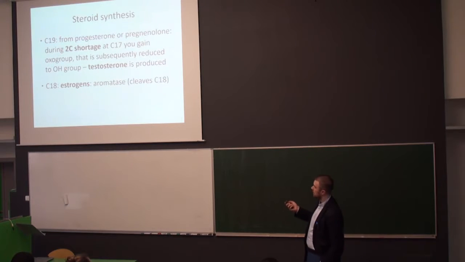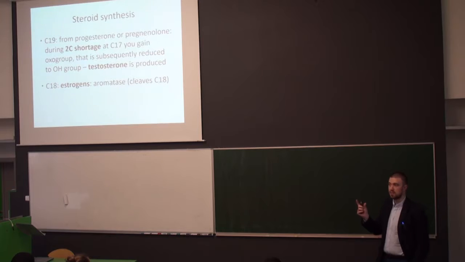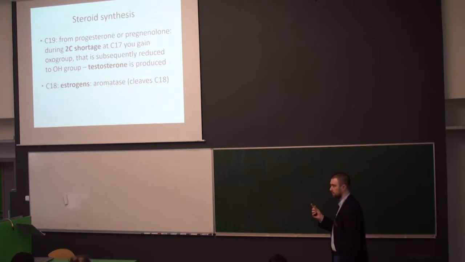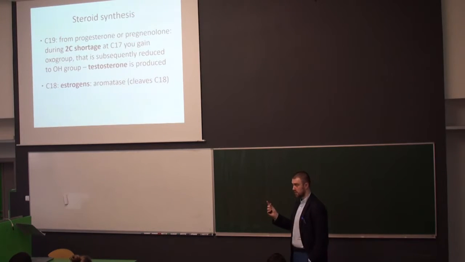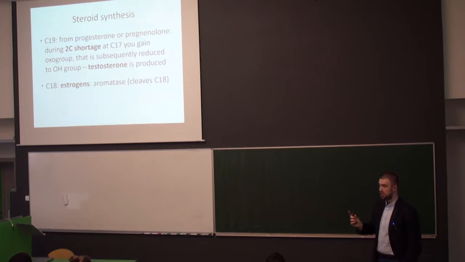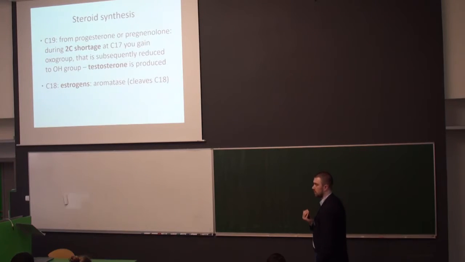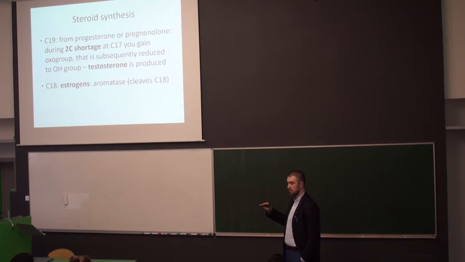Therefore, this shortage by 2 carbon atoms is done by the enzyme called 17,20 lyase, or abbreviated simply lyase. That's the first part of the synthesis of androgens, starting from progesterone or pregnenolone, where you remove 2 carbon atoms. And this is an irreversible step. You never can return.